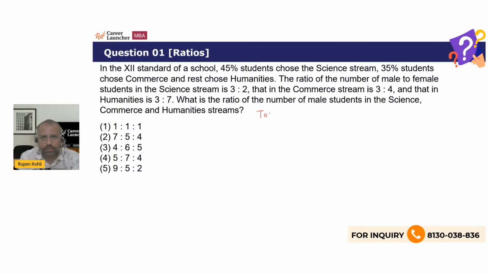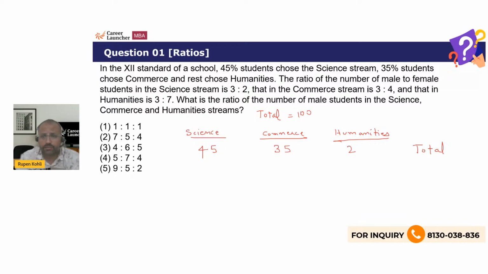So if I take the total number of students as 100, then in the science, commerce and humanities streams respectively, the total number of students is 45 for science, 35 for commerce, which makes 80.